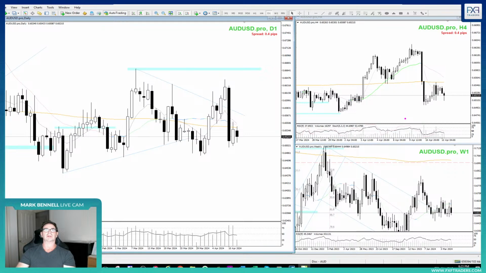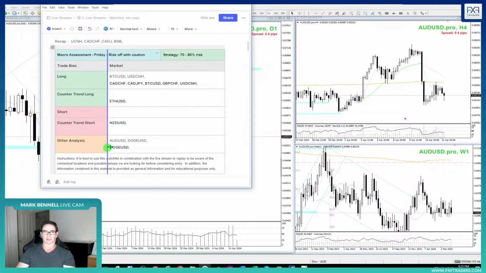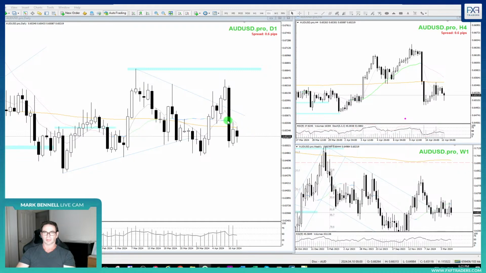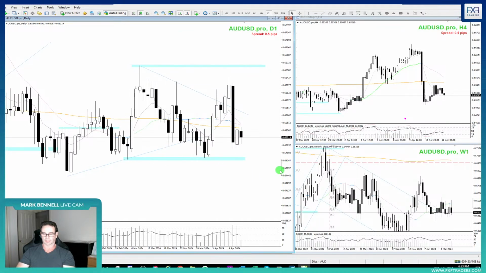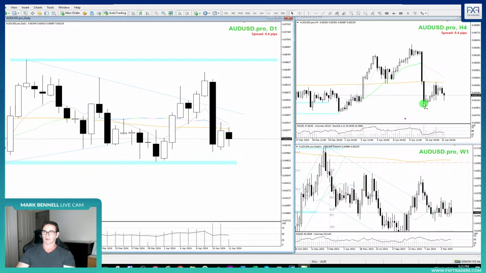I've put this just under other analysis because it's not really A grade. But you can see we've had the big move and we're just creating the bearish 1, 2, 3. Do have support obviously through here. So same thing, look for the same sort of pattern.